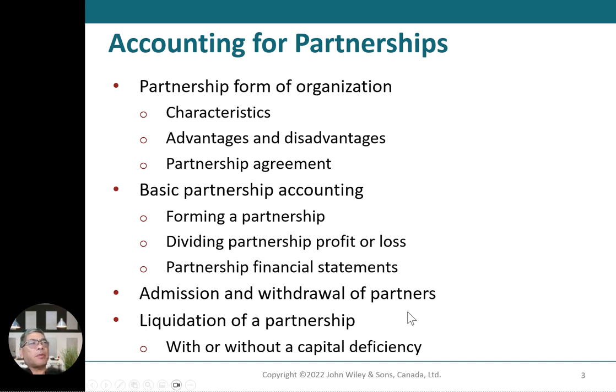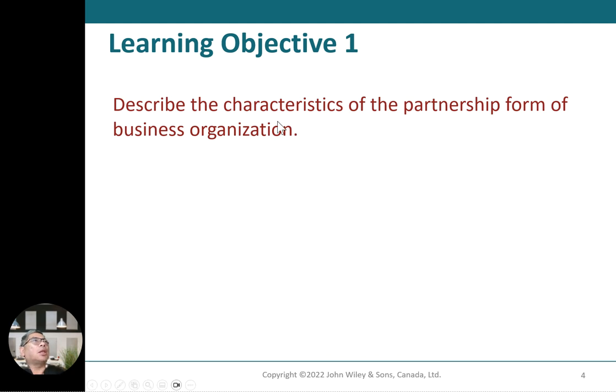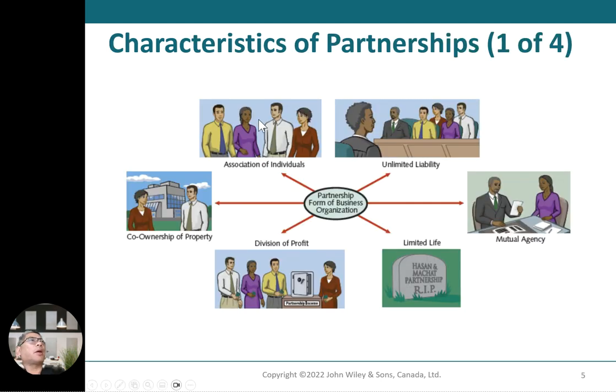As well as the admission and withdrawal of partners, and liquidation of partnership with or without capital deficiency, okay? And then describe the characteristics of partnership as a form of business organization. Inside this organization, we're going to have an association of individuals, co-ownership of property, unlimited liability, mutual agency, limited life, and division of profit.